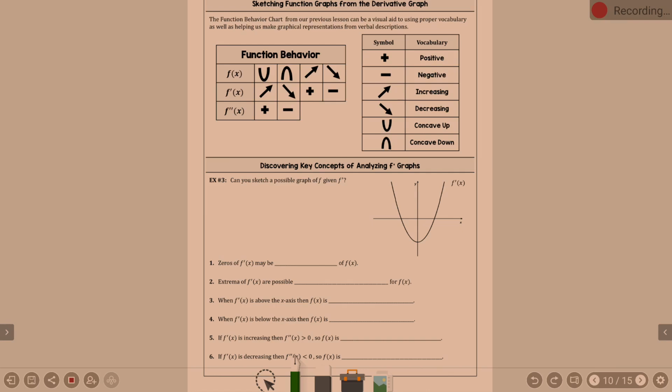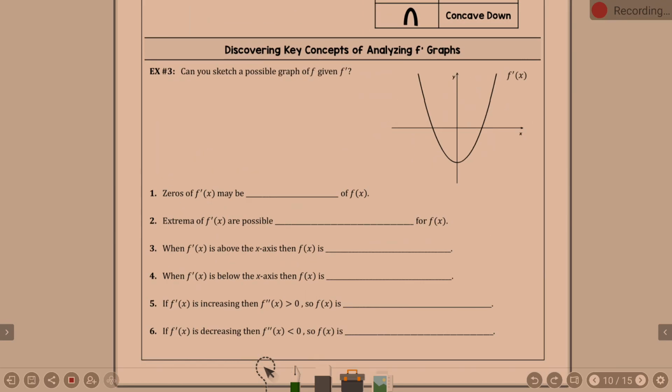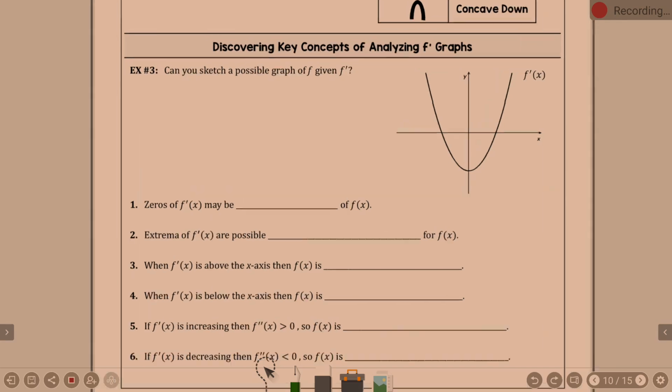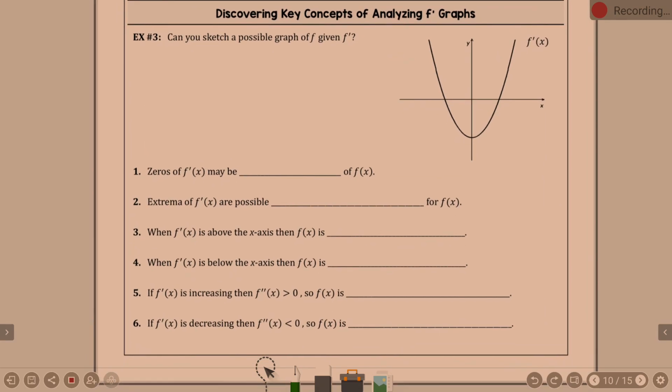If the second derivative is positive, the first derivative is increasing, and the original is concave up. If the second derivative is negative, the first derivative is decreasing, and the original is concave down. If the first derivatives are positive and negative, then the original graph is increasing, decreasing. You've seen those charts, okay? Now, here's another type of curve sketching.